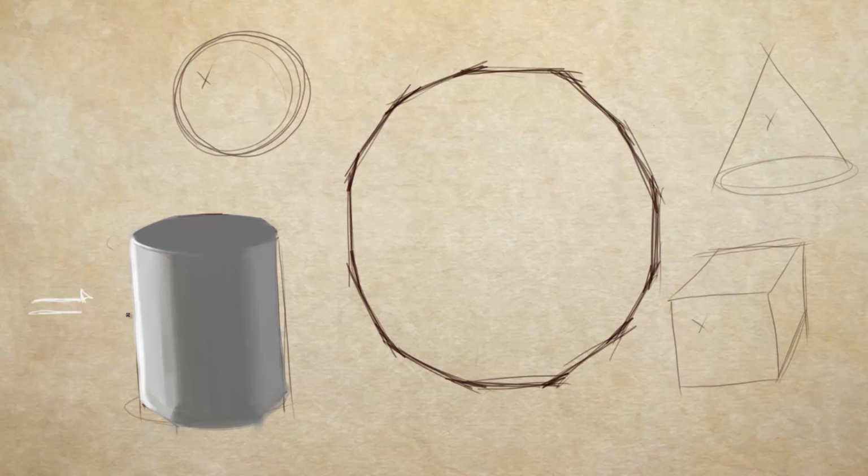So there. That's how we have our cylinder. So from here, if you understand planes, then you can start to focus on these other shapes, and that's what we're going to do. In the next lesson, we're going to move on to drawing spheres and understanding how light works on a sphere.